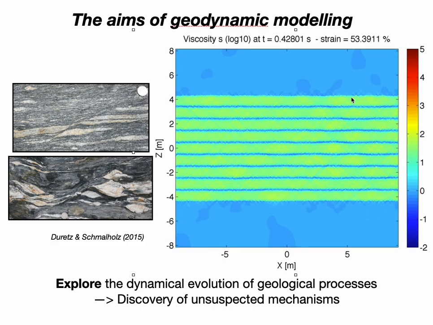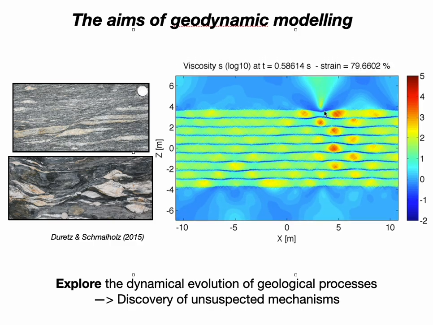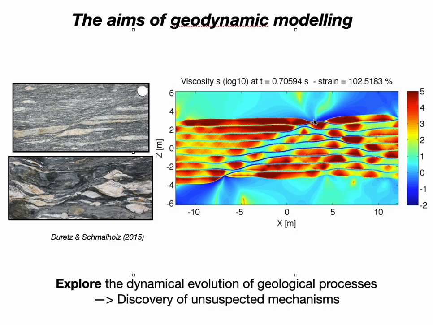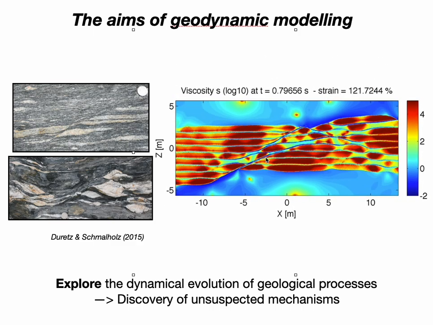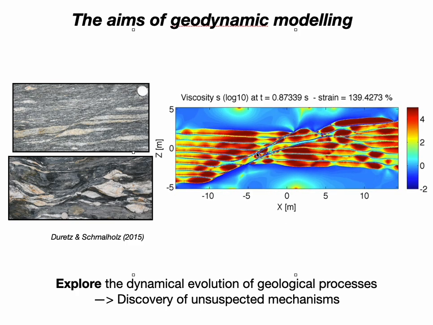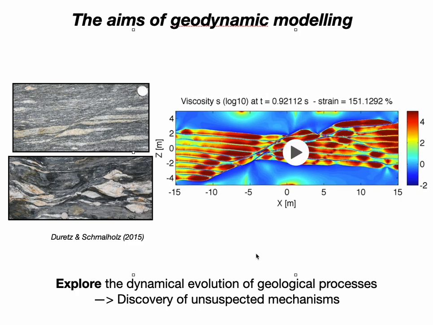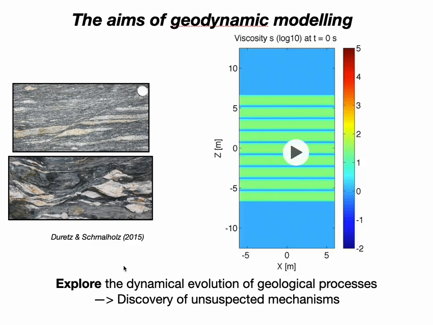So you see first the outer layer will neck, and then this necking will propagate inside the multilayer. And so this gives a model for the formation of shear zones. This was a new thing.